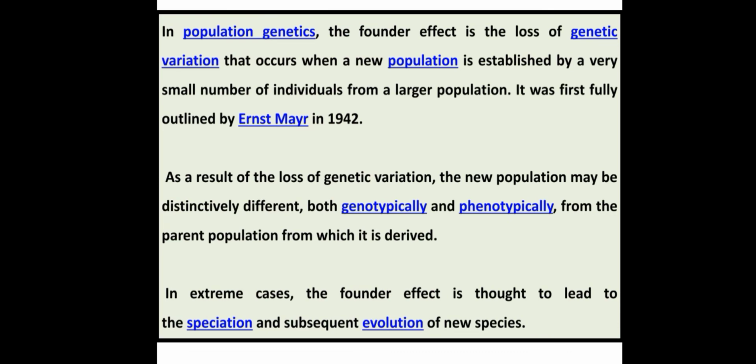As a result of the loss of genetic variation, the new population may be distinctively different both genotypically and phenotypically from the parent population from which it is derived. In extreme cases, the founder effect is thought to lead to the speciation and subsequent evolution of new species.